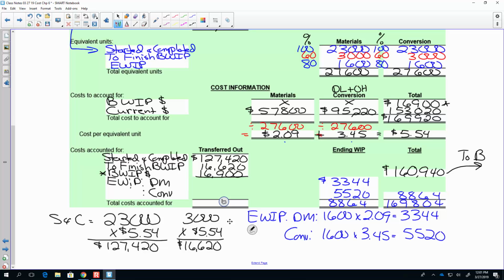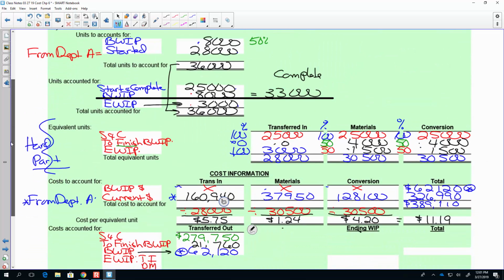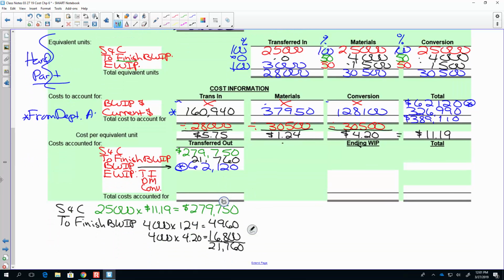Because they're the same number, I was able to take just this times the total. I got the same answer. But what's different on the second department, Polly, is I have 3 categories, 0, 4, and 4. So I can't just take the 4 times 11.19. That won't work, because I have different numbers up here.